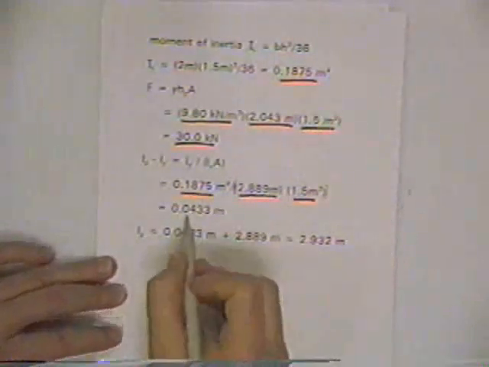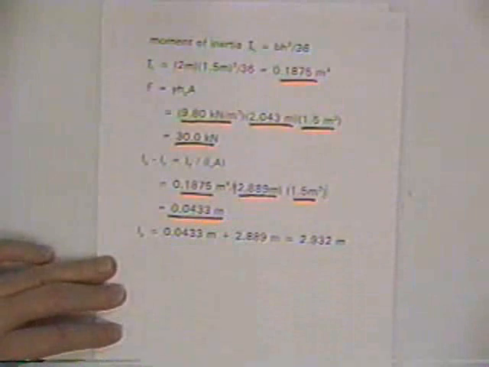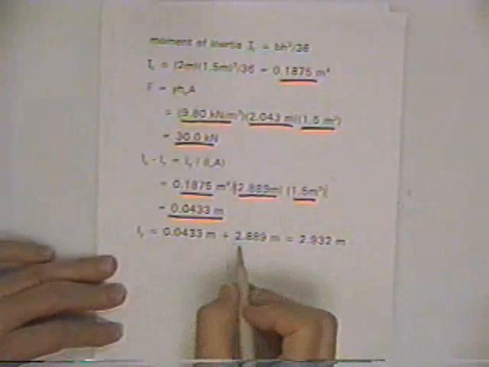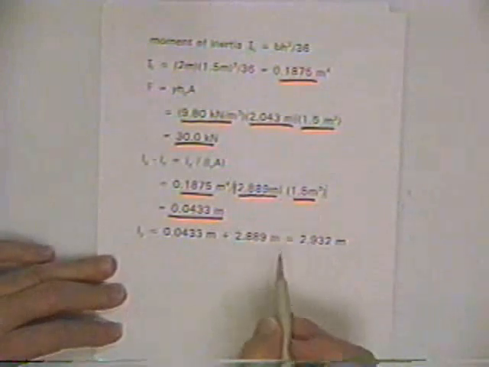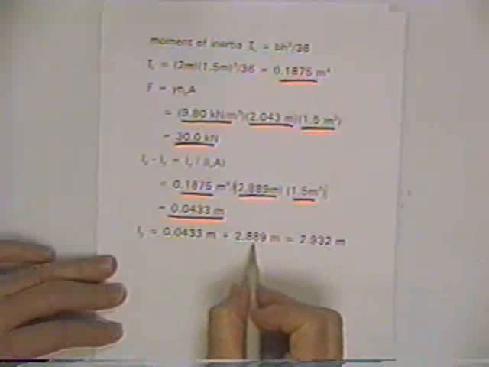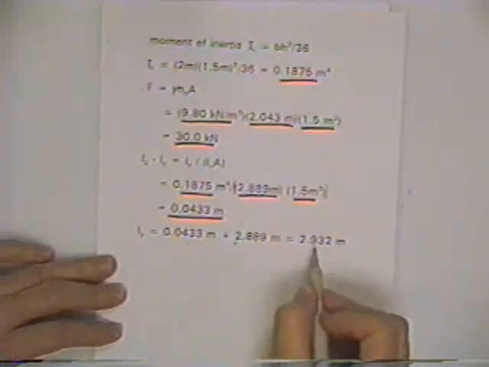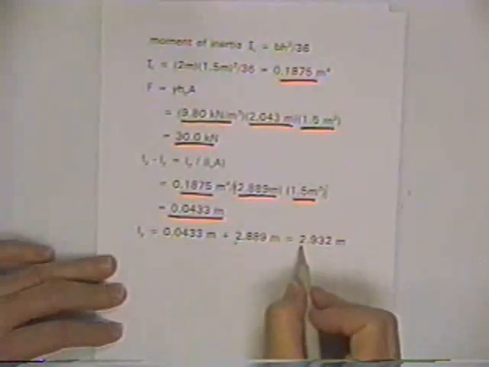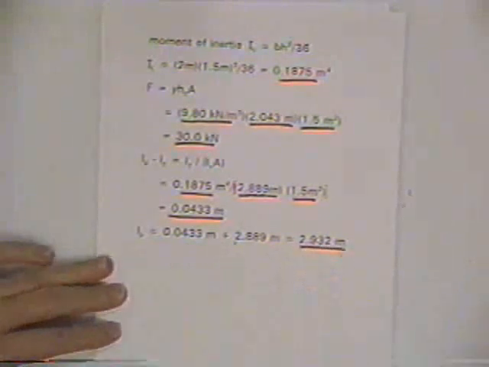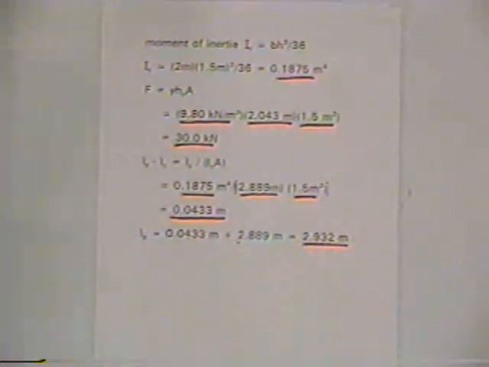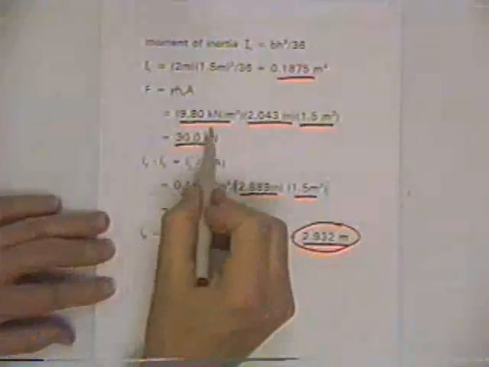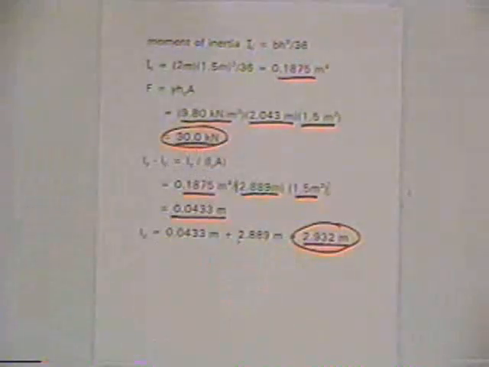So we've got all the numbers to get that little incremental distance along the incline, the incremental distance from the center of pressure to the center of gravity, and we can add that to the distance that we've already computed to the center of gravity to get the length from the water surface along the incline to the center of pressure. Okay, and so that gives us the force and the location of the force, using the first set of formulas.